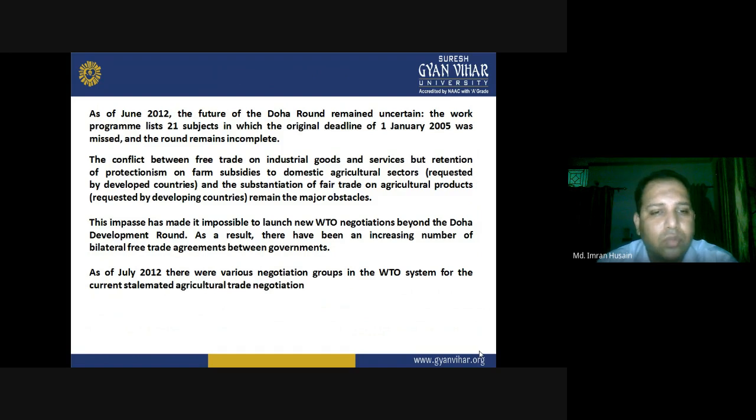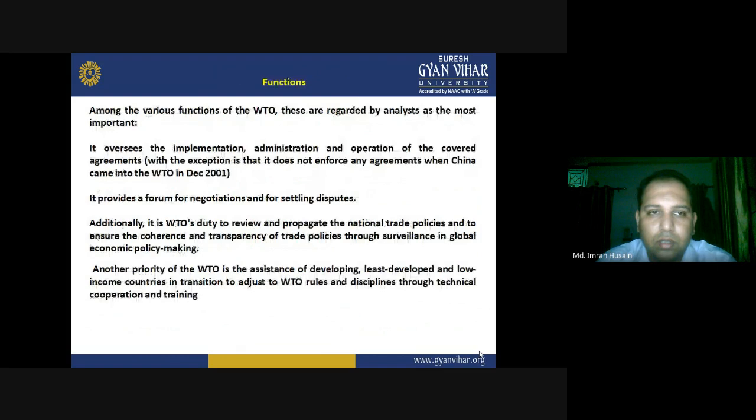As of July 2012, there were various negotiation groups in the WTO system for the current settlement and stalemated agriculture trade negotiations. Among the various functions of the WTO, these are regarded by analysts as the most important.